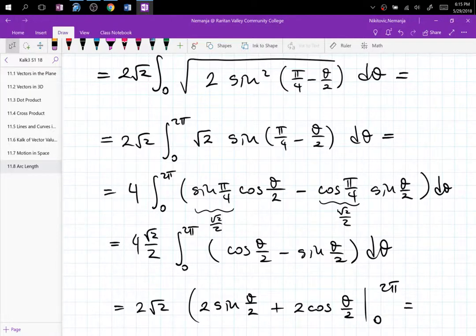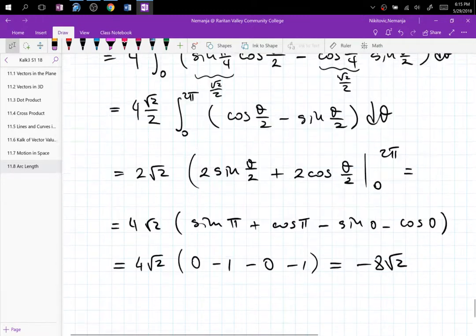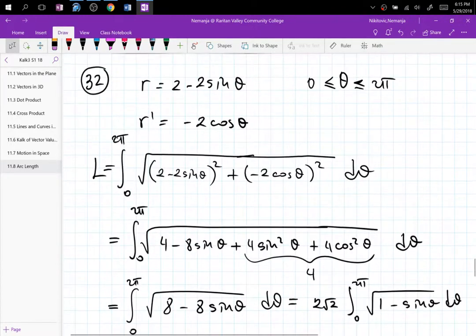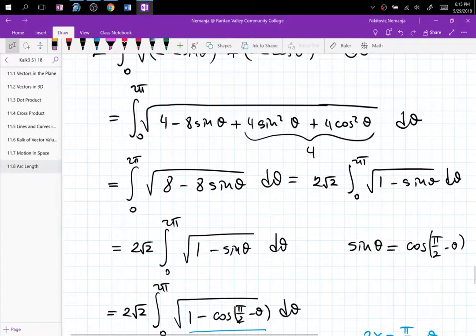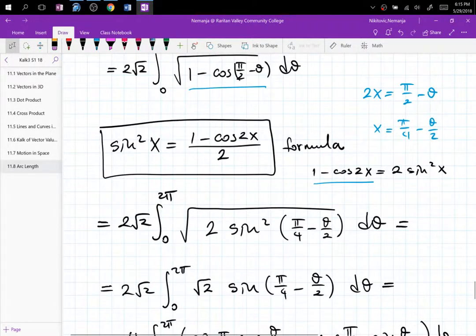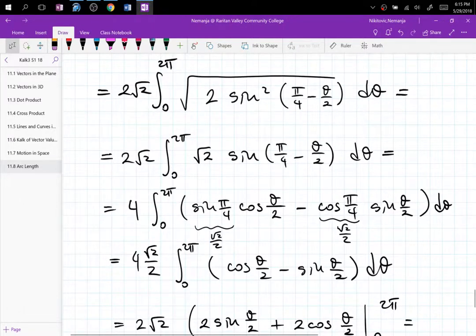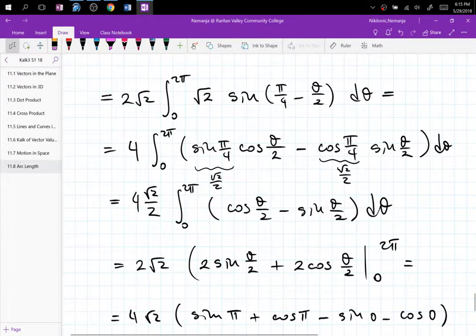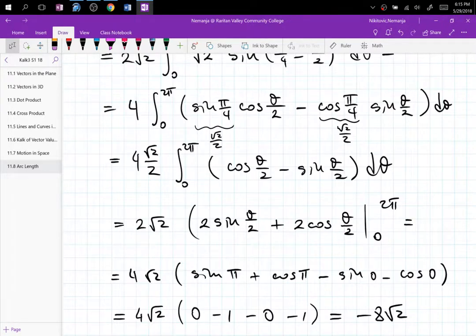Cosine. I don't know where the mistake is. It's somewhere over here, I don't see it. The mistake is somewhere over here, but I'm not sure where.